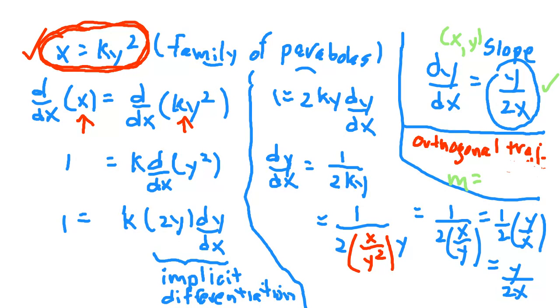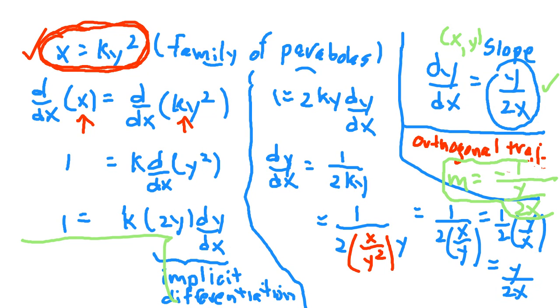You have 1 over, I think, y over 2x. Good, negative 1. That's right, Claire. Negative 1 divided by y over 2x. So the orthogonal trajectories would have to have slopes of negative 1 divided by y over 2x. And actually, I have enough room here on the corner to do this.